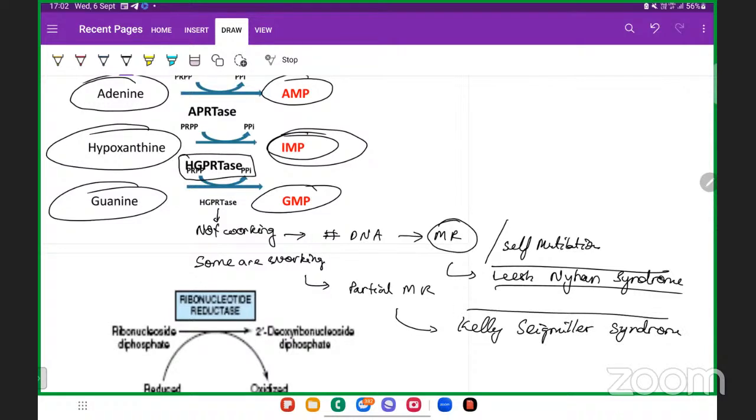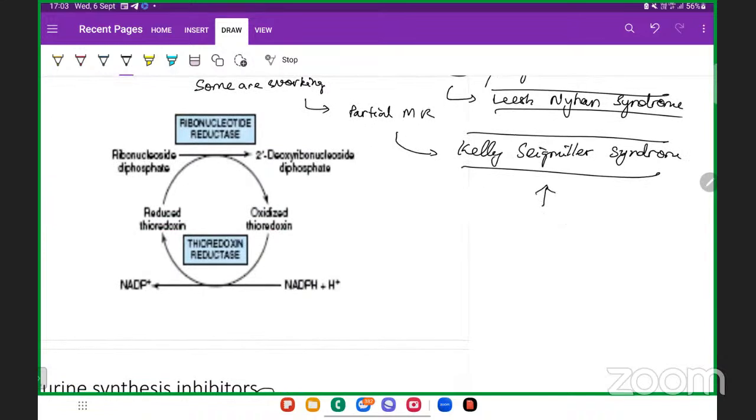So Lesch-Nyhan syndrome is when this HGPRTase enzyme is not working at all. When your HGPRTase enzyme is partially working, you call it Kelley-Seegmiller syndrome. It is a partial absence of your HGPRTase enzyme. Okay, is it clear?